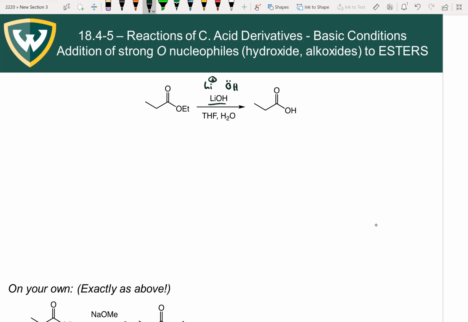And this really amps up its reactivity such that now we don't have to activate our carbonyl. We can just go straight into it. And again, this is that interplay. Now that we have a strong nucleophile, a highly basic nucleophile, we can go straight into it. We don't need to activate our electrophile to make it more electrophilic because our nucleophile is good enough to get the job done.